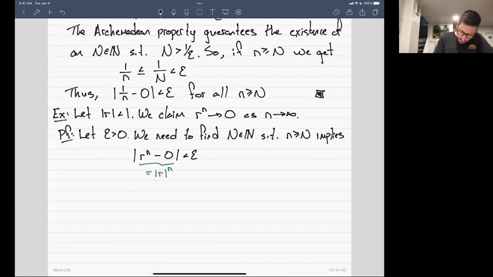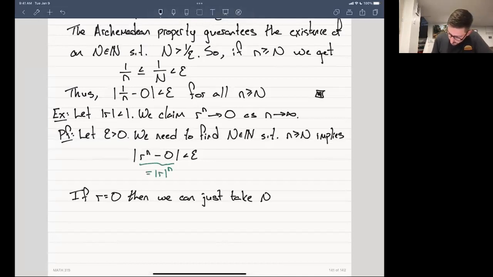So first of all, case 1, if r is equal to 0, that's a valid choice, right? The absolute value of 0 is less than 1. So this is a possibility. Then we can just take capital N equal to 1 to prove the claim.